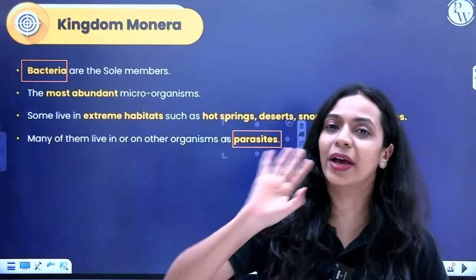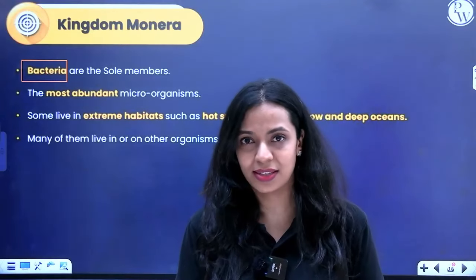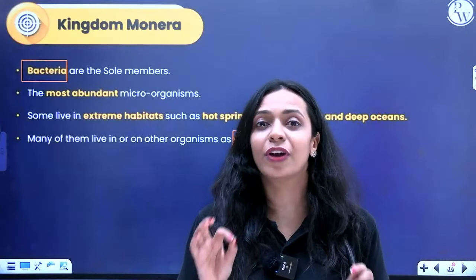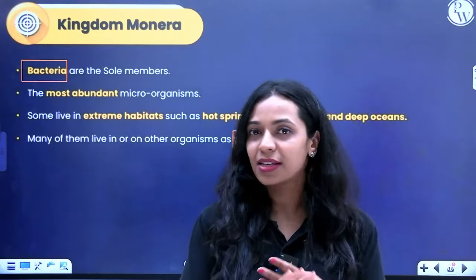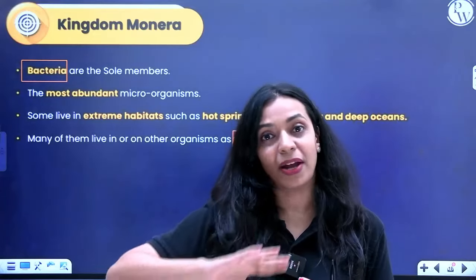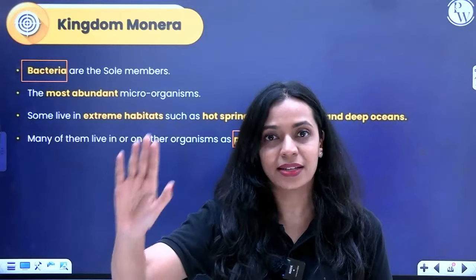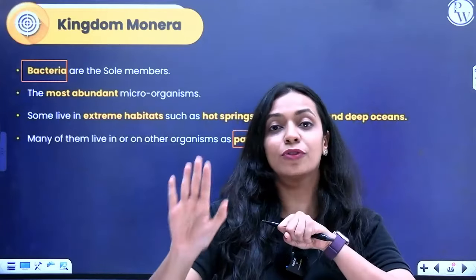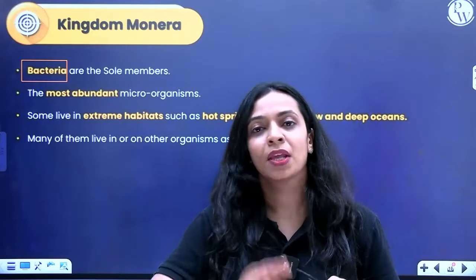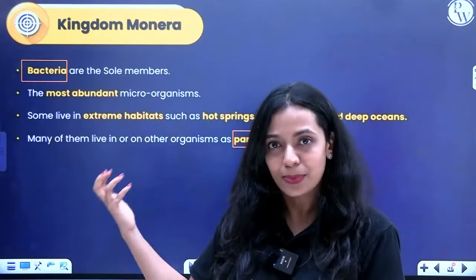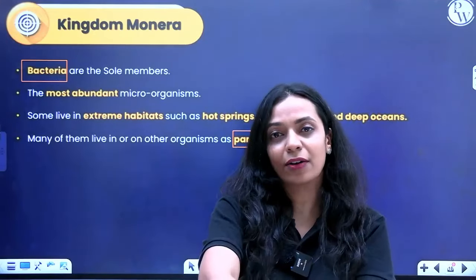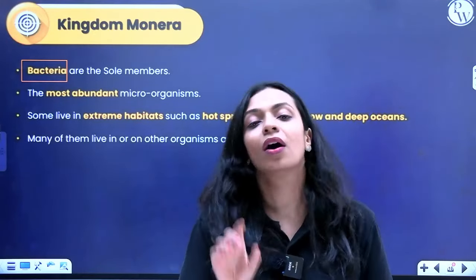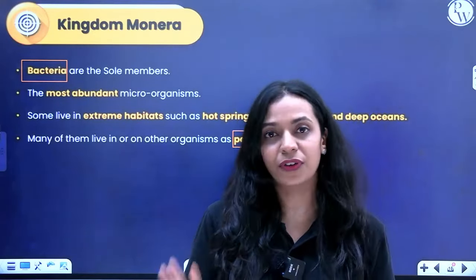I'm sure you know by now as biology students what parasites are. Parasites are a type of heterotrophic organism. They cannot synthesize food themselves; they depend on another living organism for nourishment and derive it from this living host. They can act as parasites on the surface of the body of other organisms, or live inside the body of other organisms.